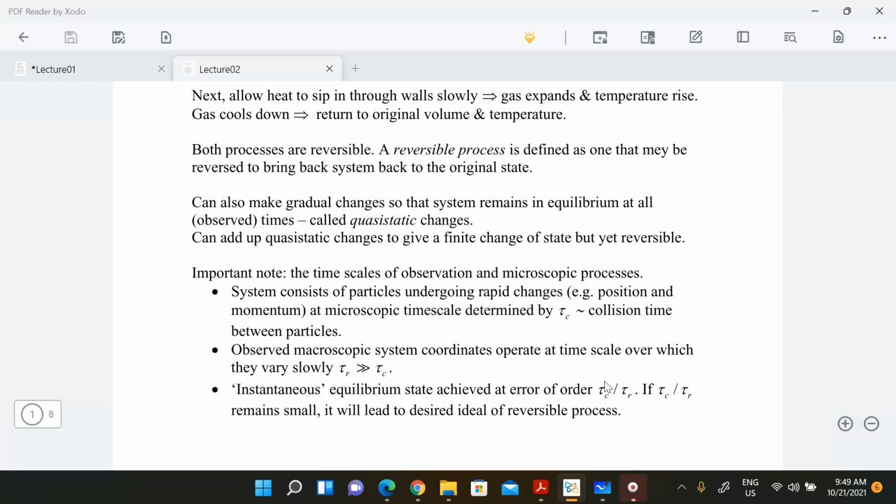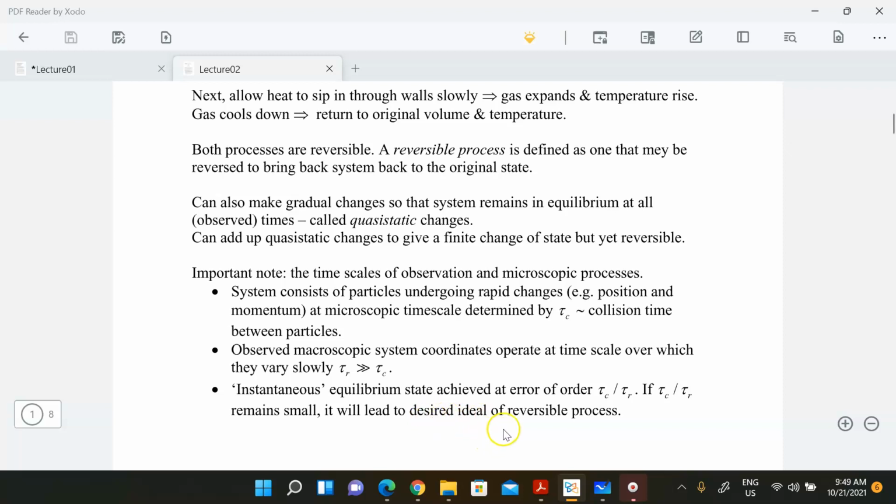If there is an equilibrium state, usually one thinks of it as accurate to a certain error when you do a measurement, so the equilibrium state is given in terms of this particular order, and this is very small.